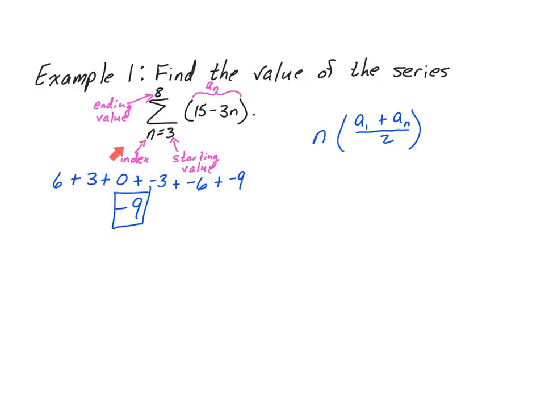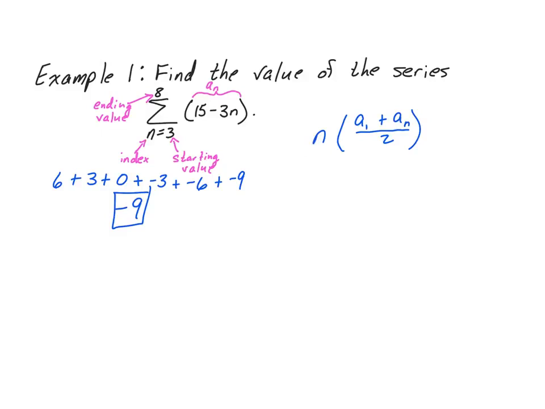Because if you start with 3rd, 4th, 5th, 6th, 7th, 8th term, that totals 6 terms, because this is actually your first term in this problem. All right, so remember to subtract these two numbers and then add 1 to that. That gives you the n value.